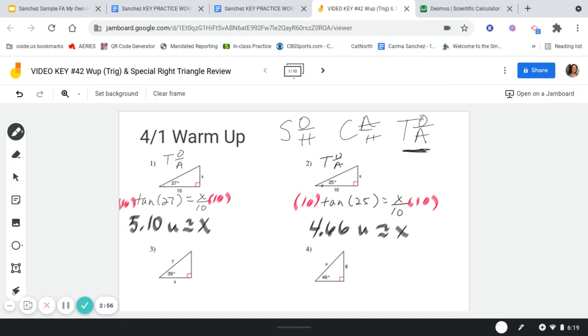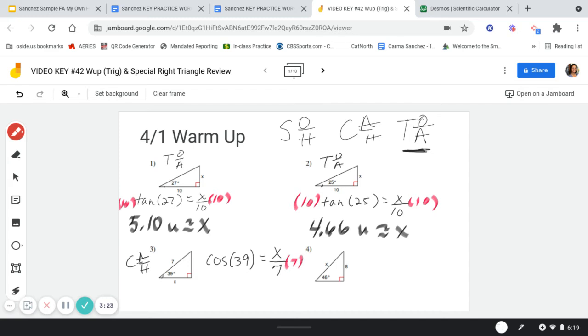Okay, looking down here at the reference angle of 39, this time I notice I have an adjacent and a hypotenuse. Which trig function uses the adjacent and the hypotenuse? This is going to be my cosine function. So we start by writing cosine of 39 is equal to the adjacent over the hypotenuse.